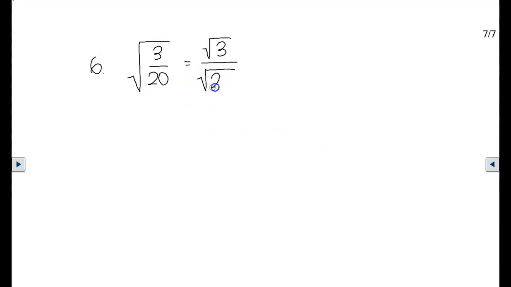Now, let's check to see if we can divide. Can we do 3 divided by 20? And the answer is no. So it's not possible to divide. So we rationalize. So you're going to multiply top and bottom by that bottom square root.